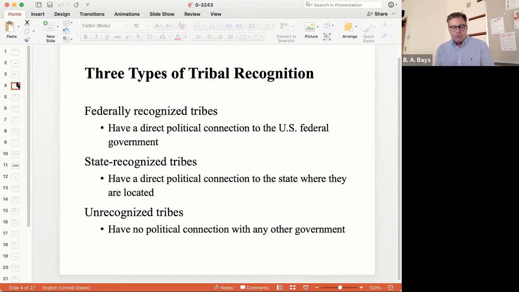But okay, I'll just kind of deviate here with a question. Your author explains that those state recognized tribes are not recognized by the federal government. They are recognized by their own state government.